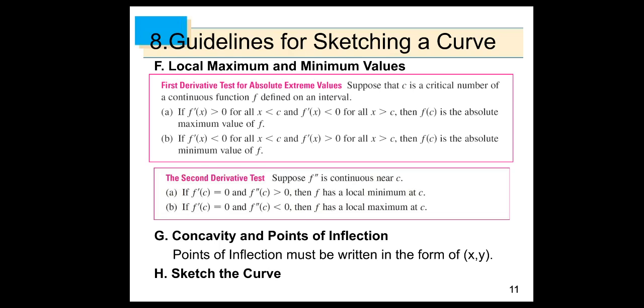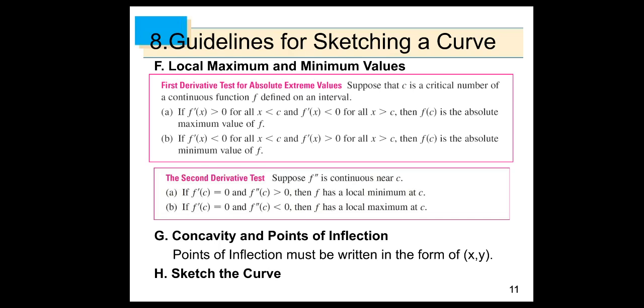If f prime of c is equal to 0 and f double prime of c is greater than 0, then the function has a local minimum at point c. And if f prime of c is equal to 0 and f double prime of c is less than 0, then the function has a local maximum at point c.